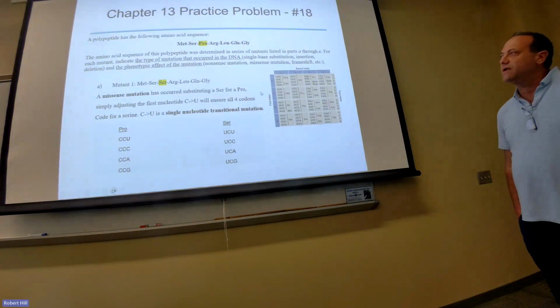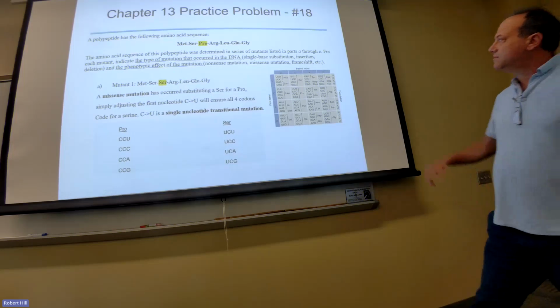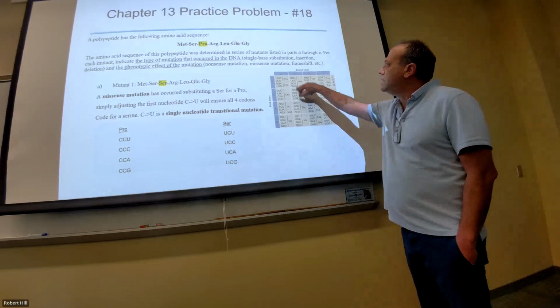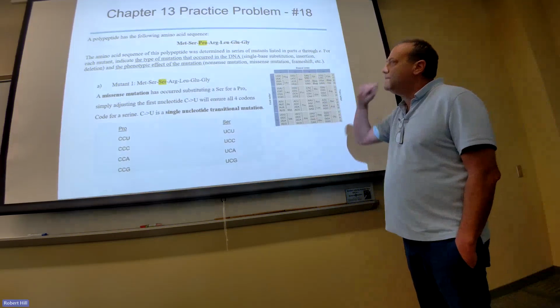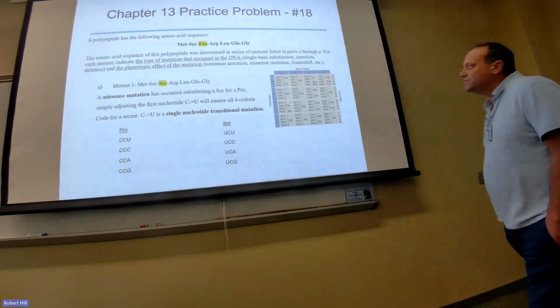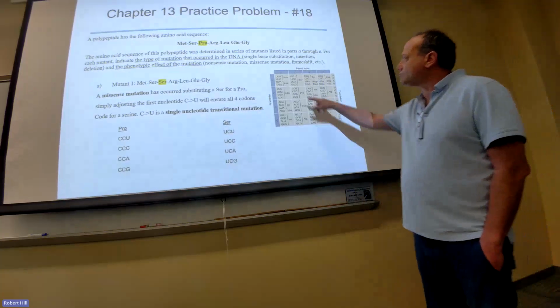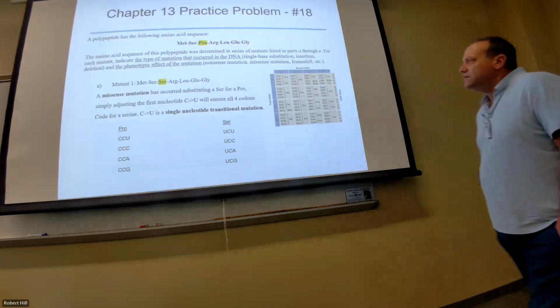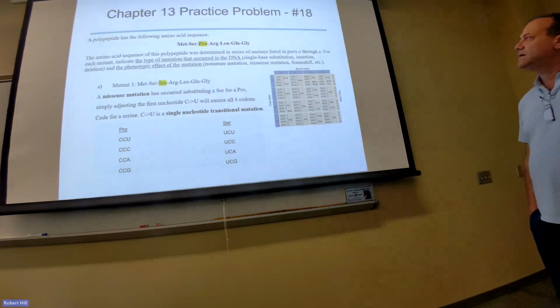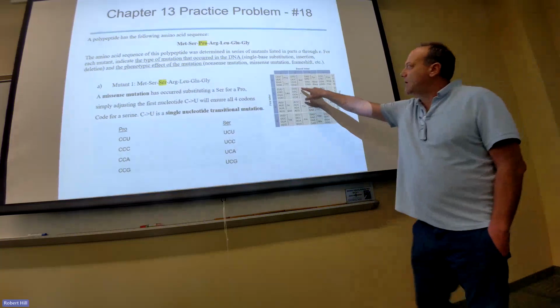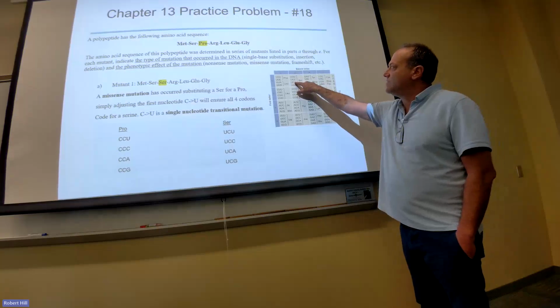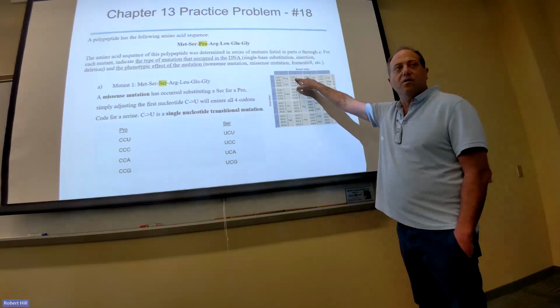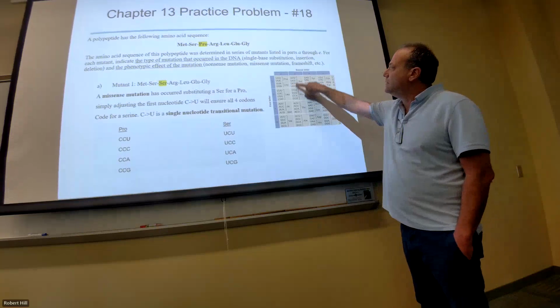All right, so the serine, if we look, here's serine. They all start with U. And the proline here, they all start with C. And if you see these commonalities between the second nucleotide and the third nucleotide in the mRNA, right?